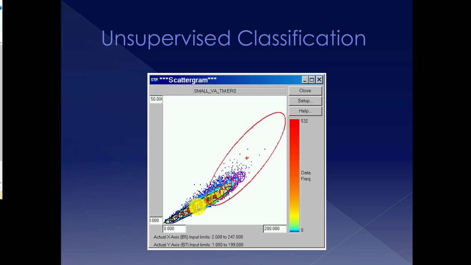The plus signs that you see in the scattergram represent the mean or central points of each class, and the circles or ovals are drawn around all of the pixels that are contained within that individual class. And so we can see that the biggest class with the most variation would be this red oval here. And then we have smaller clusters or classes of pixels that are represented by those smaller ovals and or circles.